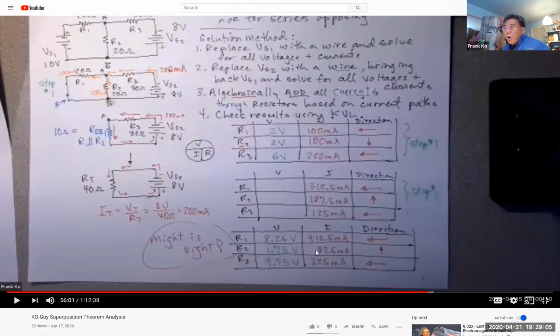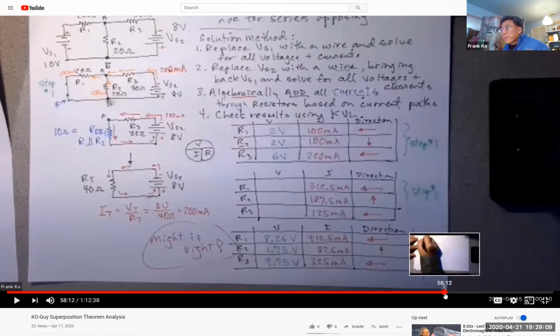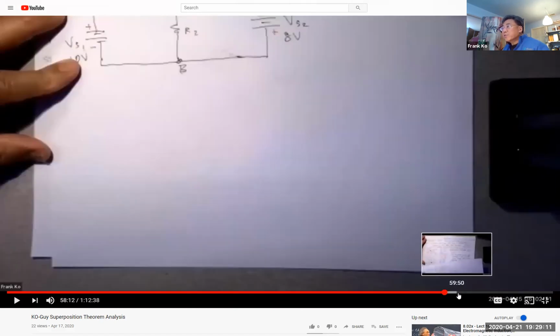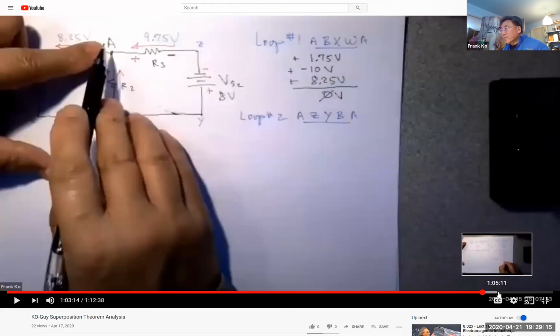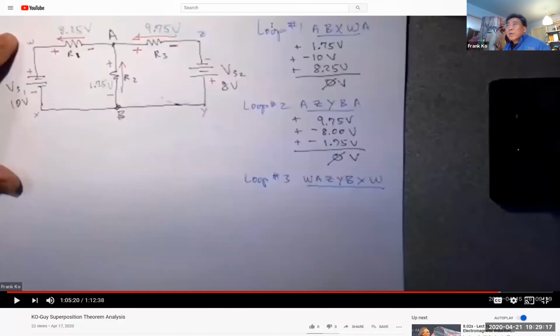Once I know all of this, I can finish this up on my original schematic, which I've redrawn here, and write in these values right here. So these are my final values. The final value and direction of R1 voltage, current moves to the left of 8.25. Current through R3 to the left of 9.75. Current going up of 1.75.